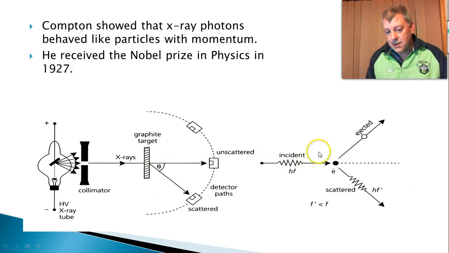Now, from this he got this. So he would have an incident photon. This is our X-ray hitting the target, and it would have an amount of energy corresponding to hf.